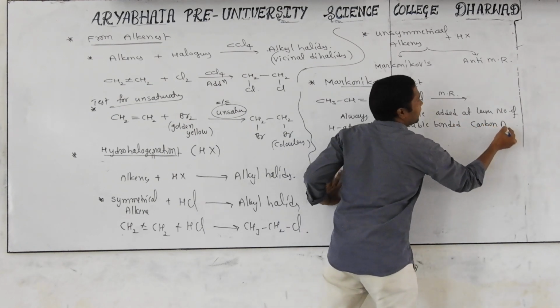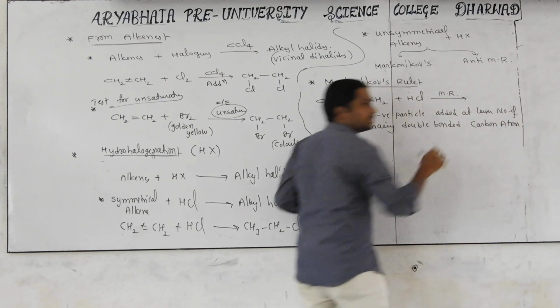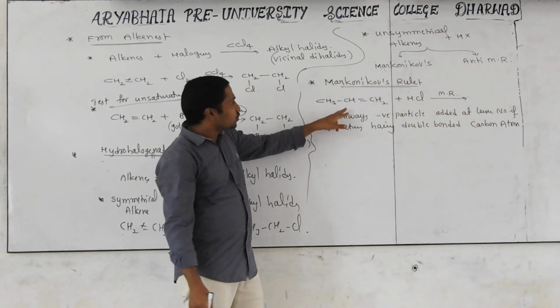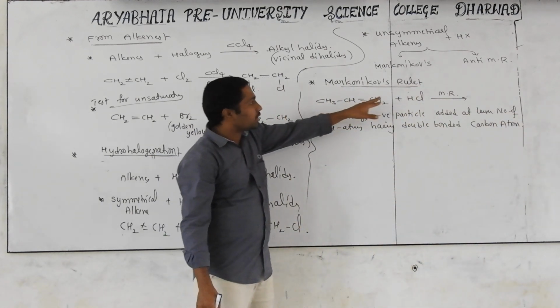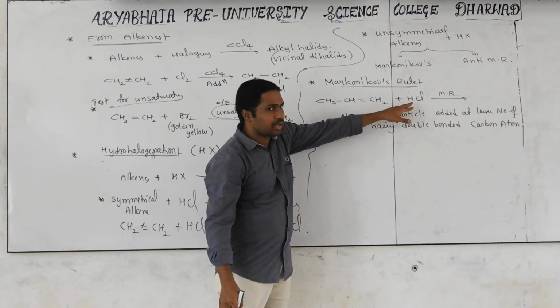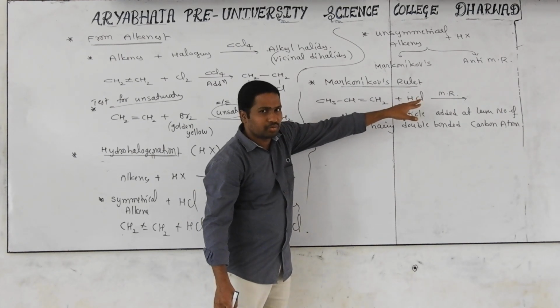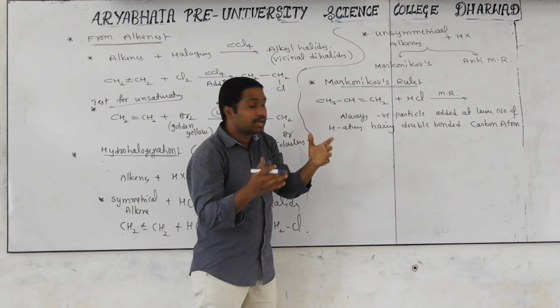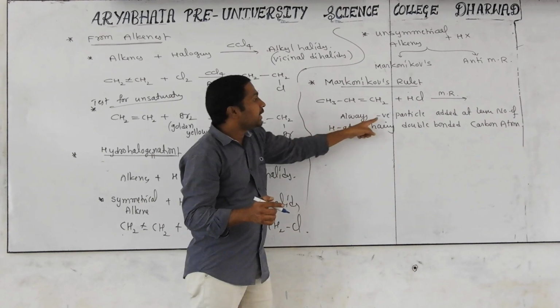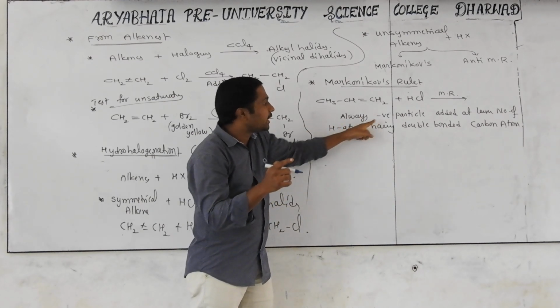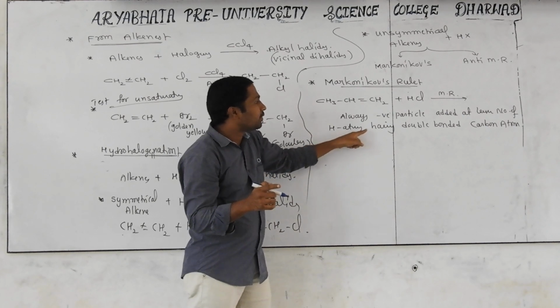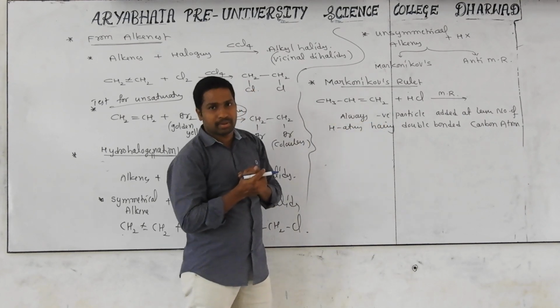You learned this already in first year. Just once again, whenever you take an unsymmetrical alkene and add hydrogen iodide, the process goes according to the Markovnikov rule. What does the Markovnikov rule tell? Always the negative particle should be added to the double bond carbon having the lesser number of hydrogen atoms.